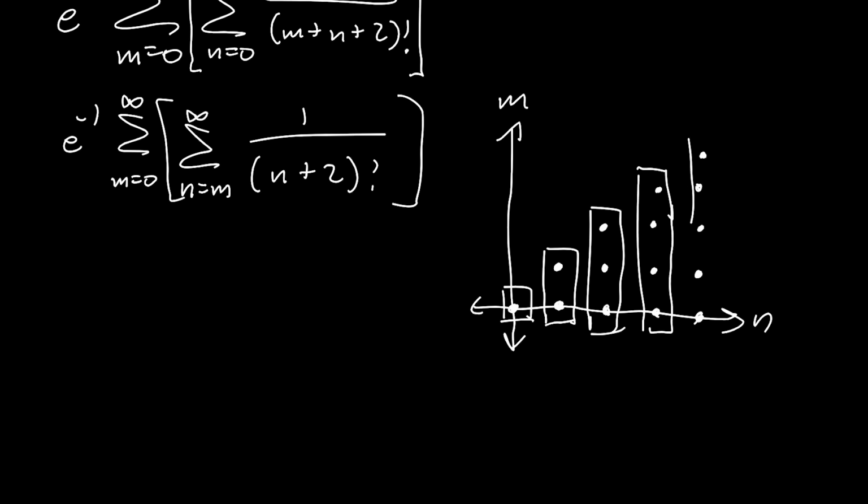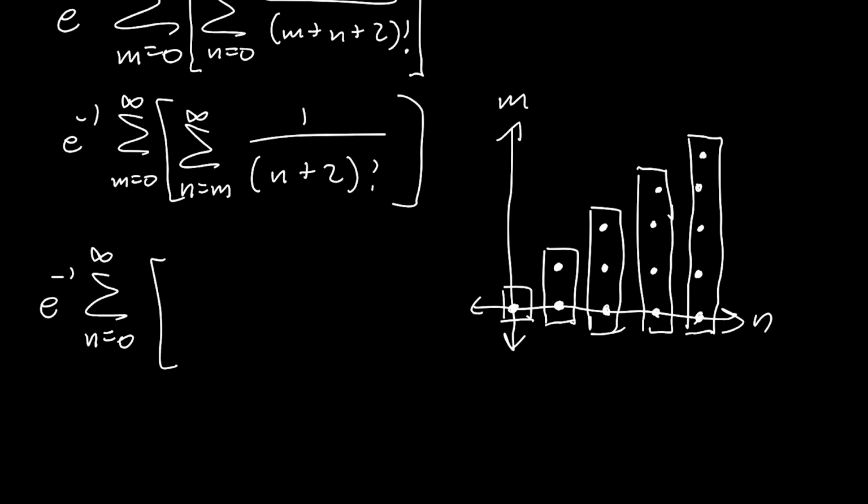And the reason why this is useful is because instead of having an infinite sum of infinite sums, now we just have an infinite sum of these finite sums. So we can actually write this now as the infinite sum from n equals 0 to infinity of the sum from m equals 0 to n of 1 over n plus 2 factorial.